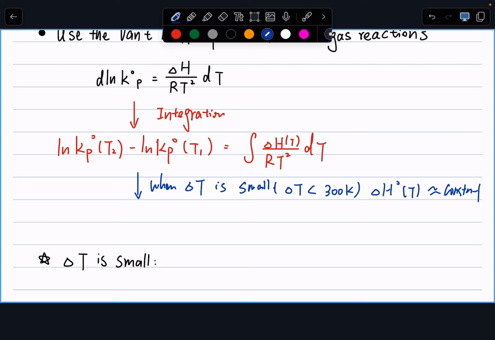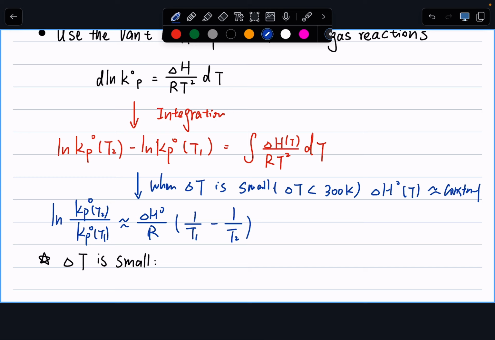This equation thus becomes the logarithm of Kp naught T2 over Kp naught T1 is about delta H naught over R, and you solve that integration, which is T1 minus T2. Note that this is only true when the temperature change is small.